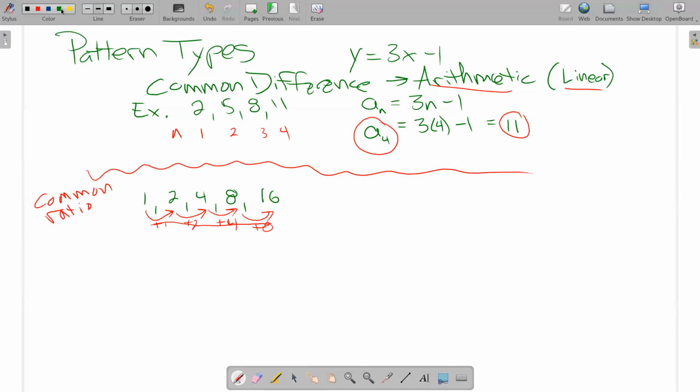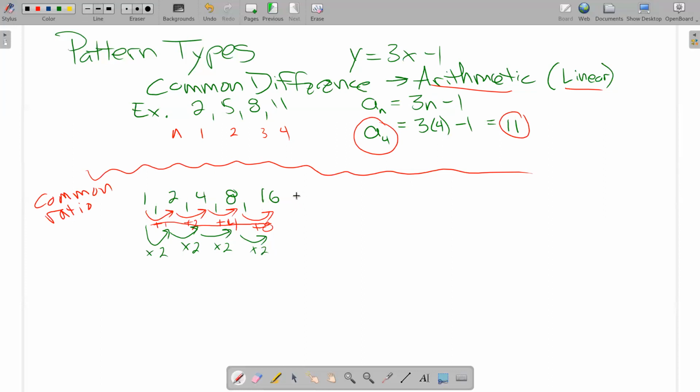So what does that mean? 2 divided by 1 is 2. So instead, what I could say is to get from here to here, we multiply by 2. 4 divided by 2 is 2. So these have a common multiple instead, or a common ratio, times 2 each time.